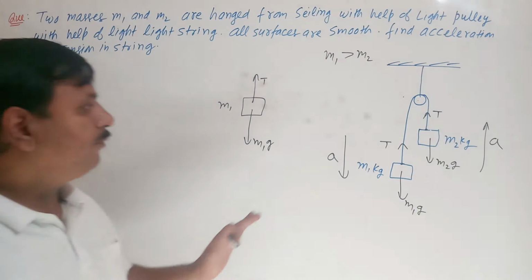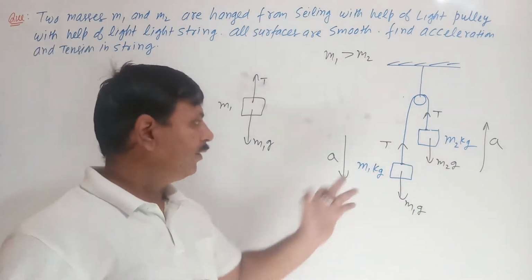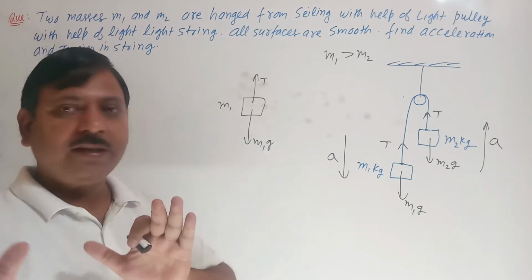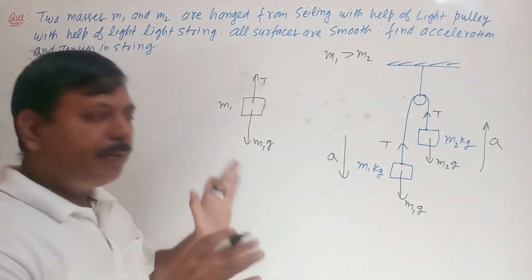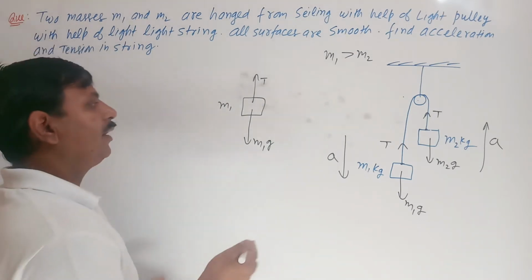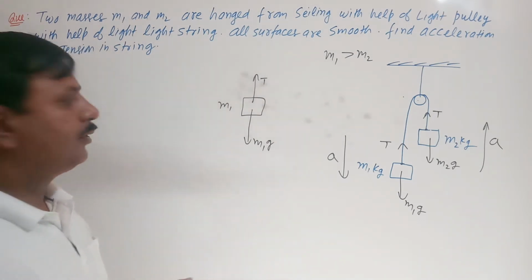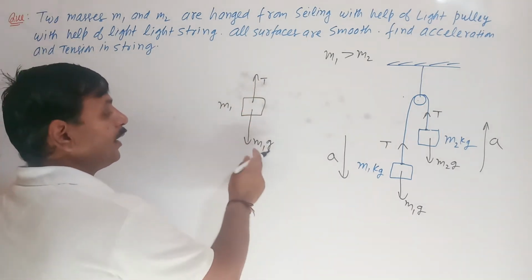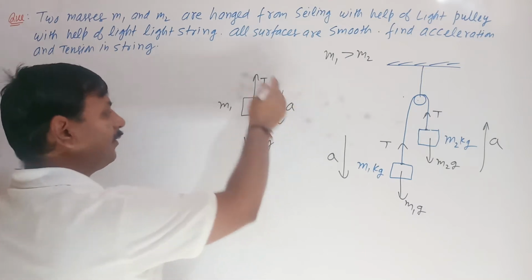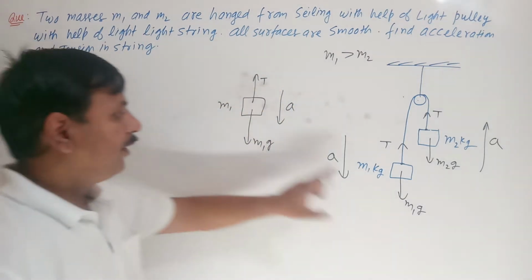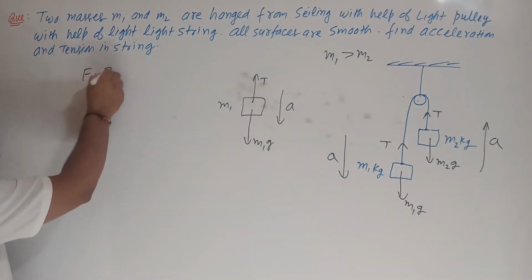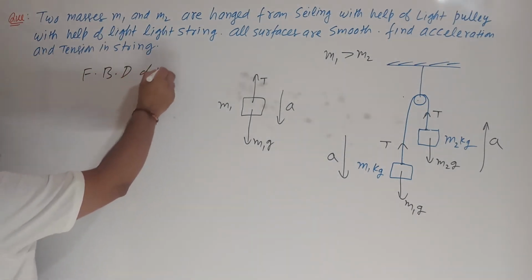In a free body diagram, we consider only one body; others we do not take into consideration. We see how many forces are acting and what acceleration we can apply using Newton's second law. So M1g downwards, tension T upwards, and acceleration is downward. This is the FBD of mass M1.